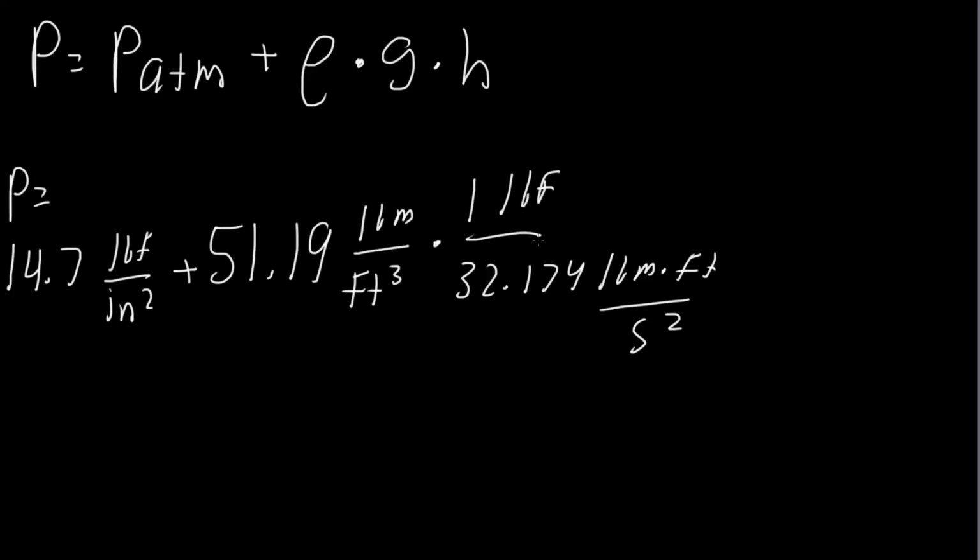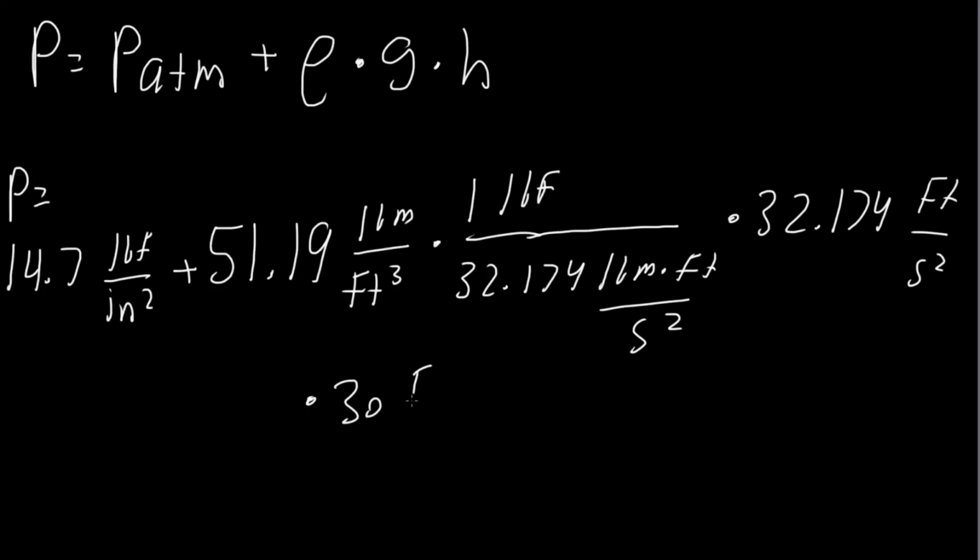Next, I'm going to multiply by gravity. So that is 32.174 feet divided by seconds squared. And this whole thing is going to be multiplied by the height, which is 30 feet.